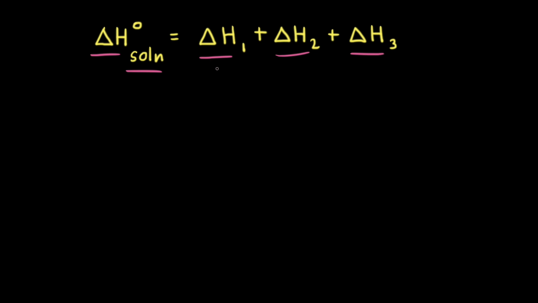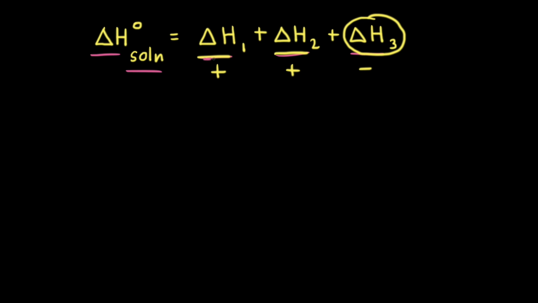We've already seen that delta H1 is positive, delta H2 is positive, and delta H3 is negative. So adding delta H1 and delta H2 together gives us a positive value. And since we're adding a negative in delta H3, it's the magnitude of delta H3 that determines if the overall delta H naught of solution is positive or negative.